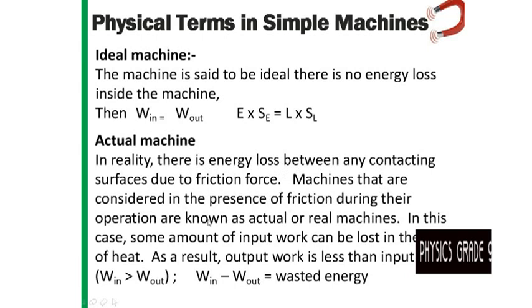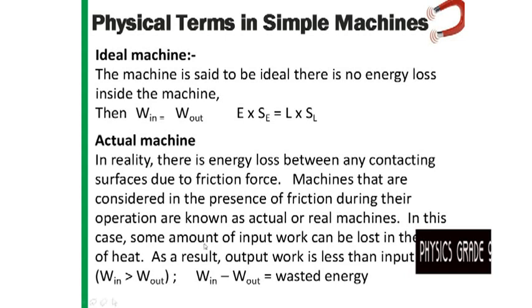Machines that operate in the presence of friction are known as actual or real machines. We come across these when we think about, for example, the inside of a car. There are many different types of machines operating within a car, and these are real machines because energy can be lost, in other words, transferred from the main form to another form.